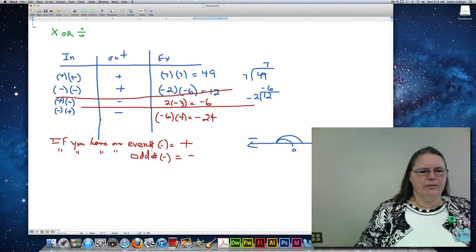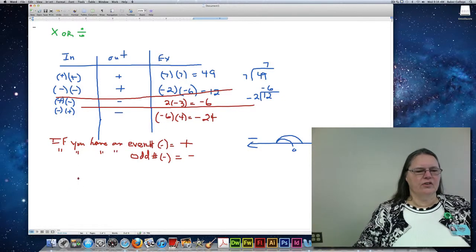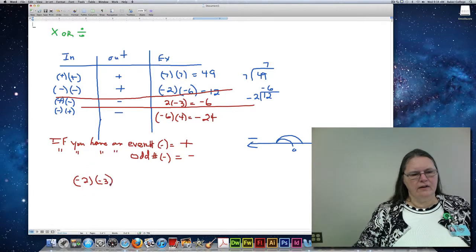Now here's what's happening. Let's look at a sample. Let's go the opposite of 2 times the opposite of 3 times the opposite of 4 times the opposite of 1. Count your signs. 1, 2, 3, 4.